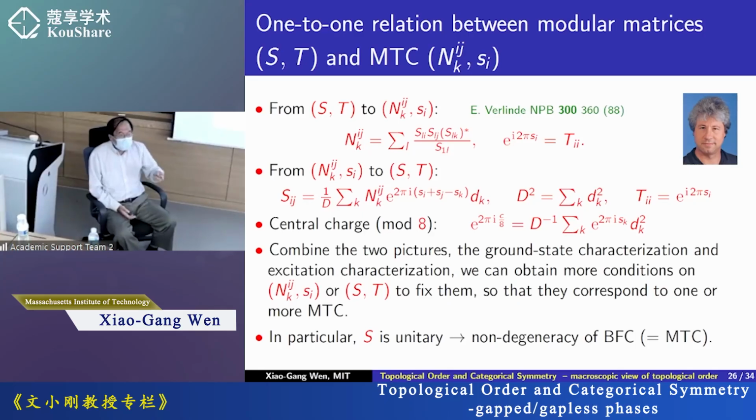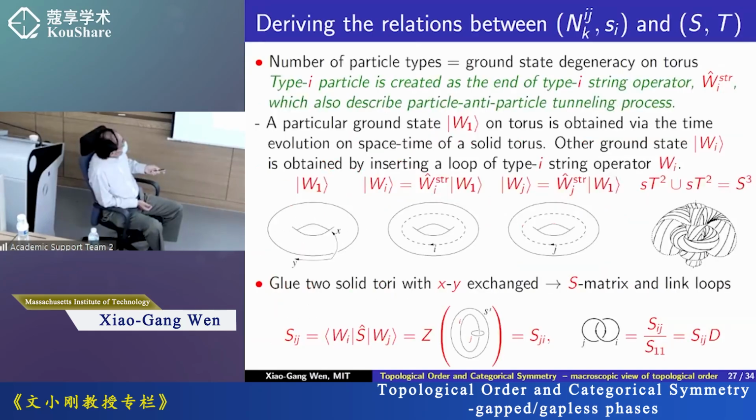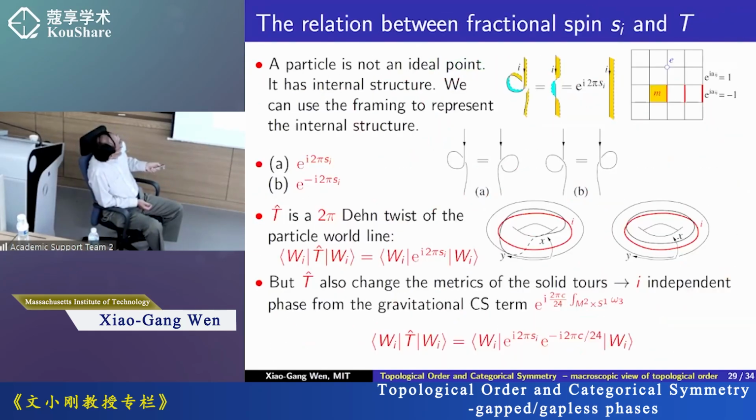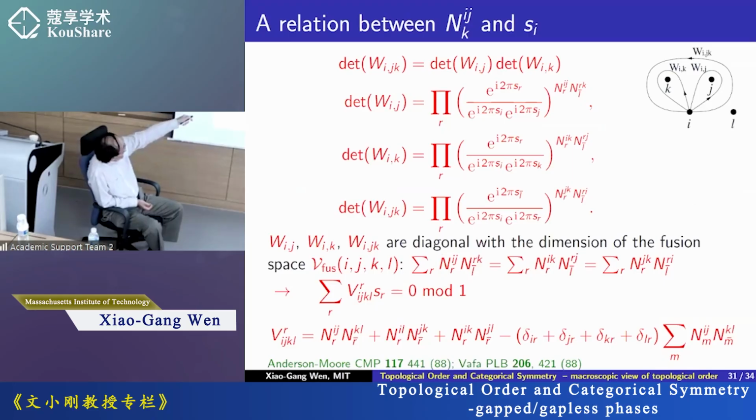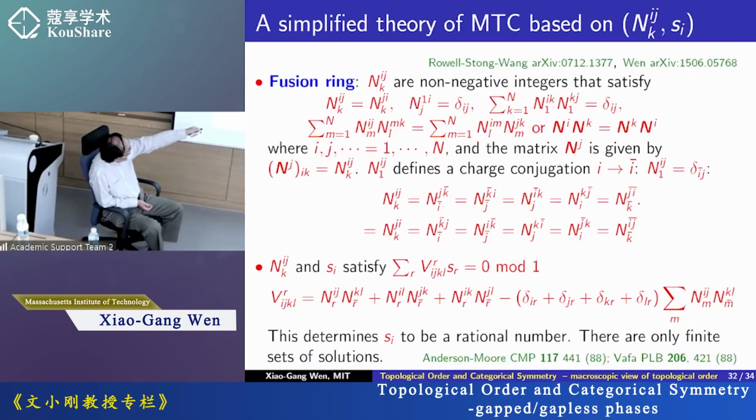So I will formulate our conditions not directly on the ST matrix, but on Nijk and Si. This is what I try to list here. Nijk would satisfy this condition, and there's some other condition.